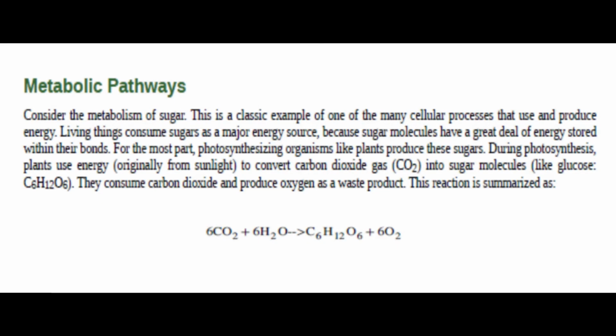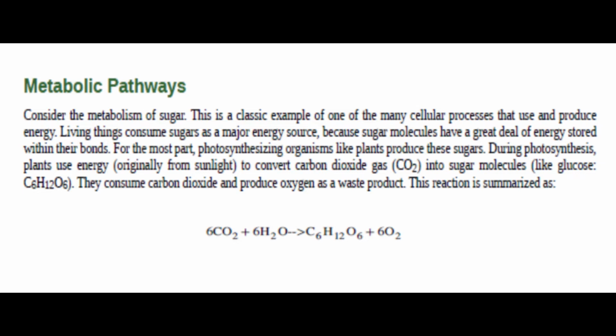Metabolic pathways. Consider the metabolism of sugar. This is a classic example of one of the many cellular processes that use and produce energy. Living things consume sugar as a major energy source because sugar molecules have a great deal of energy stored within their bonds.